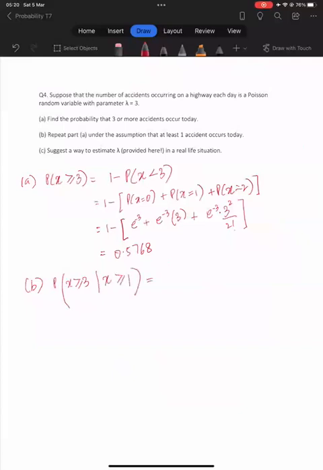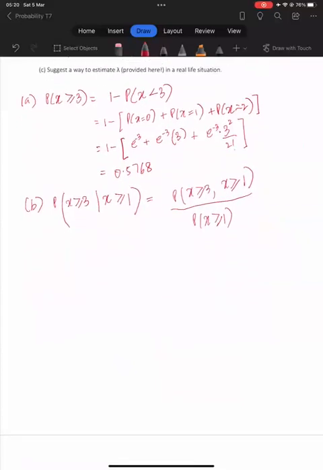So this is the probability of the intersection of x greater than or equal to 3 and x greater than or equal to 1, divided by the probability that x is greater than or equal to 1. If x is greater than or equal to 3, it means x was greater than or equal to 1, so the intersection is just x greater than or equal to 3.